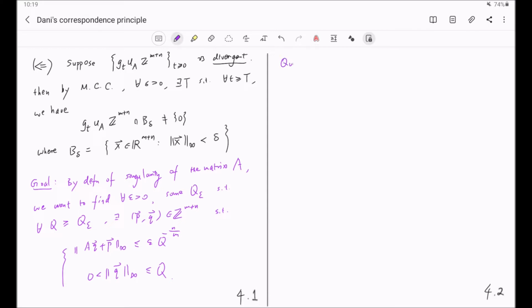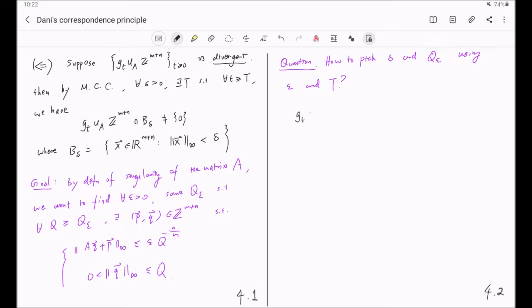So the question is how to pick delta and q_epsilon using epsilon and capital T. This is a key question that you want to answer. And as I told you earlier, the proof will be very similar to that of the forward direction. So what you do is that you start with this property for the divergent trajectory.